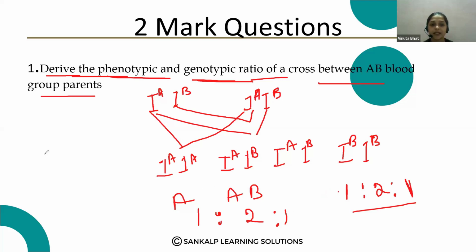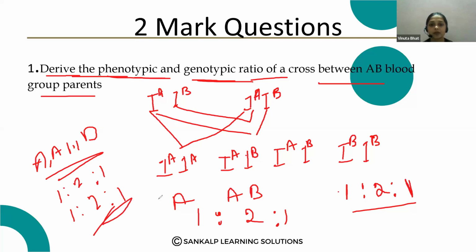The phenotypic ratio of the A, AB and B blood groups is 1:2:1 and the genotypic ratio is also 1:2:1. That is the correct answer.